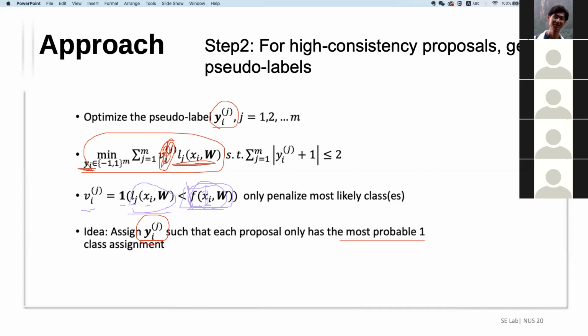So here we got the label 1, 2, and the classes. For every class, this formula just returns the loss for one label, right? LJ is for one class label, just one, right?